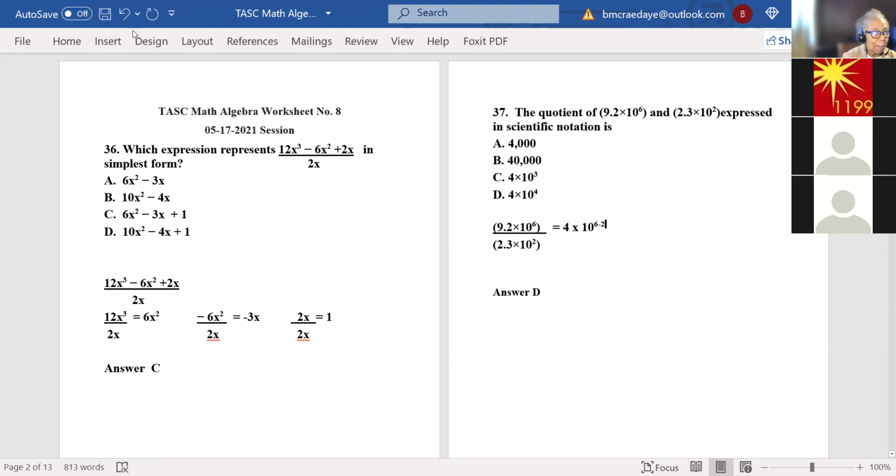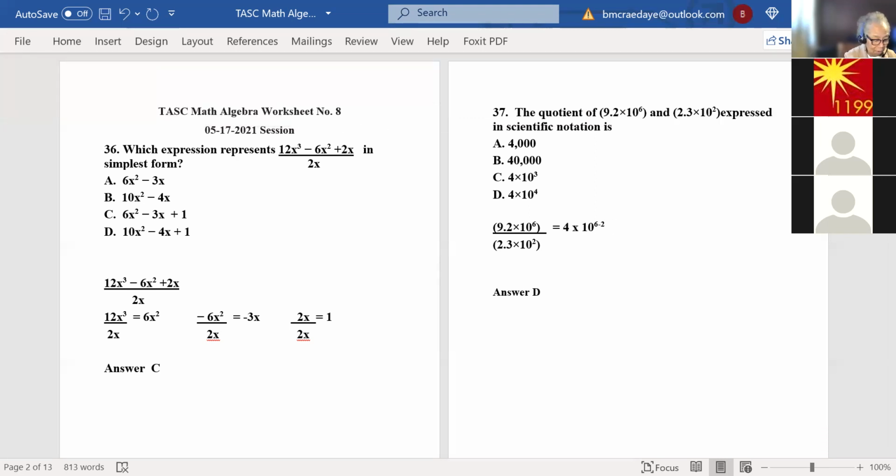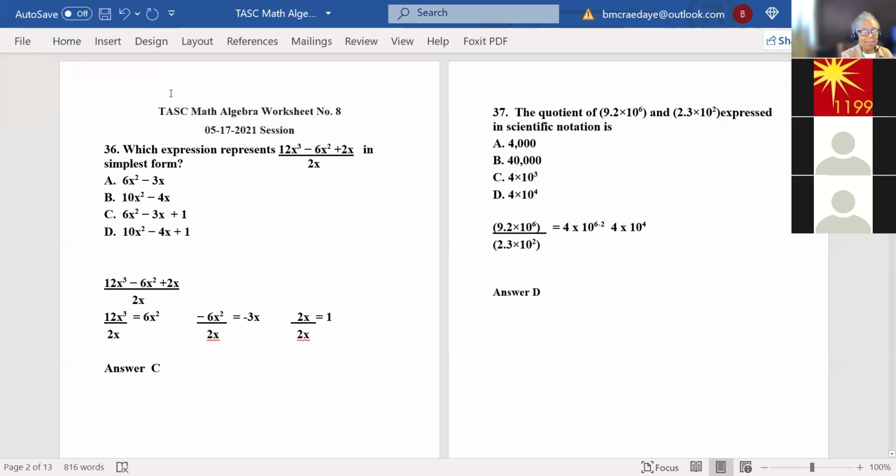It's 4, right? So that's going to be equal to 4 times 10 to the 4th. And that's answer D.